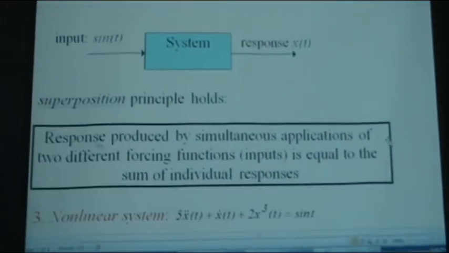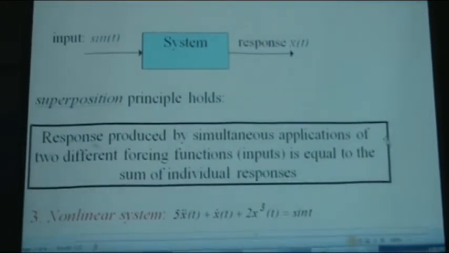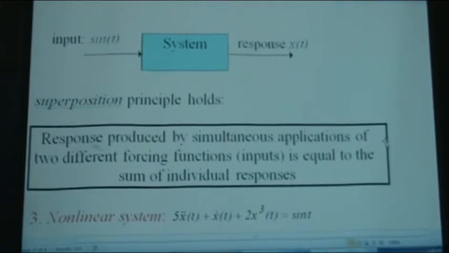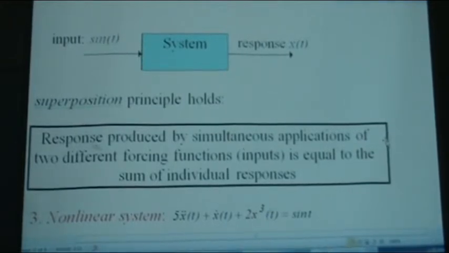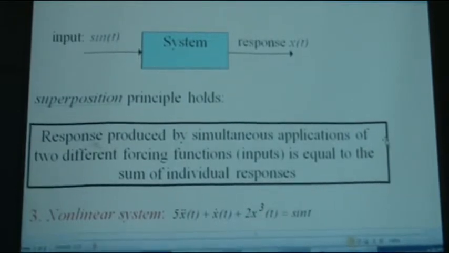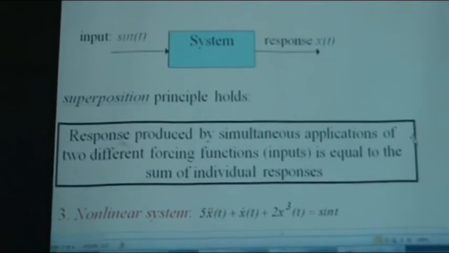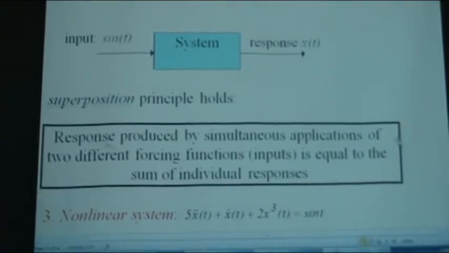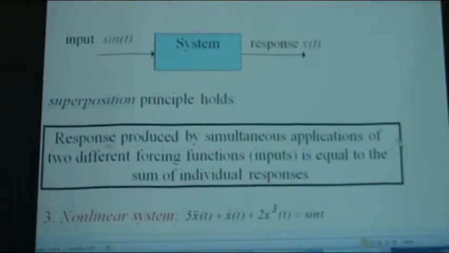An important property of a system that is linear is that if you apply two forces simultaneously to the system, the response will be the sum of the responses to the individual forces. This is called the superposition principle. If you double the input, the force, the response will be doubled.